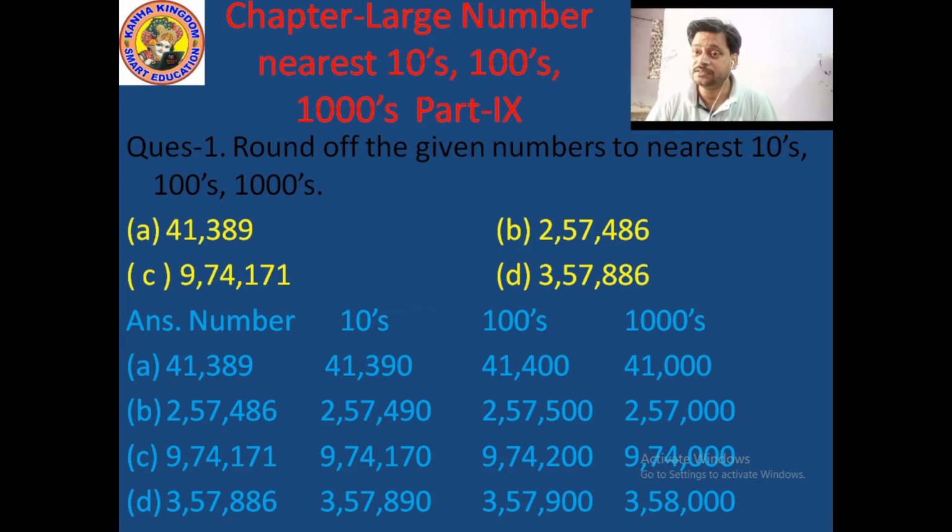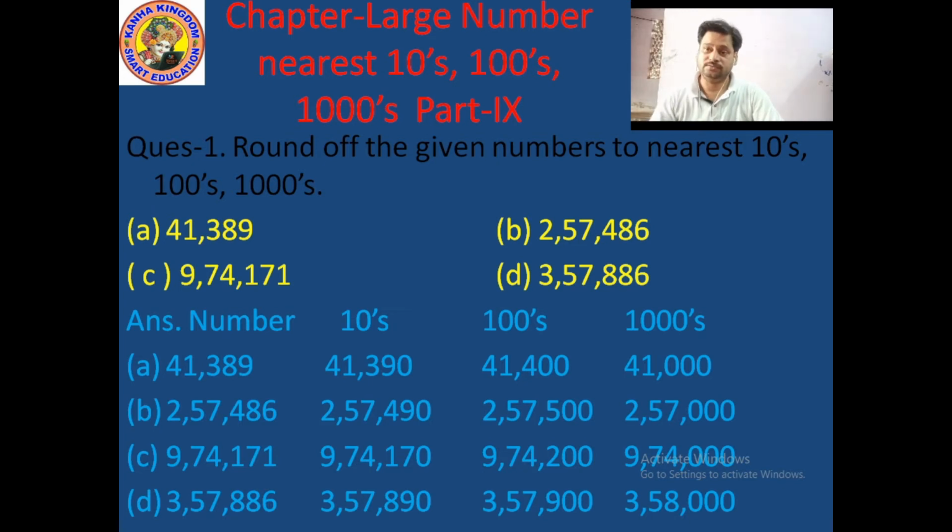Yes, 3. So you add one to 3, means 3 plus 1 equals 4. So the exact answer of this number is 41,400. Understand?